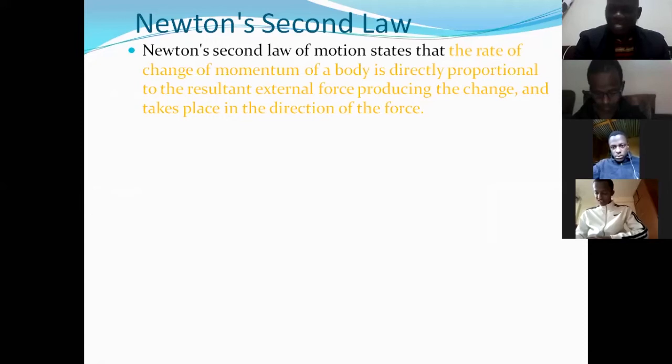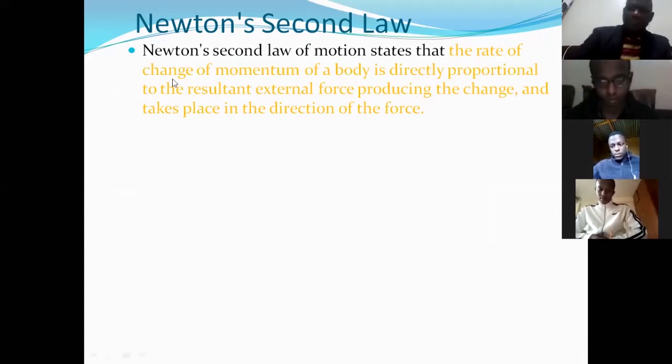And for these changes to happen, there must be an external resultant force. Because if the body is in uniform motion, it will continue being in uniform motion unless an external force acts. So that's why now Newton's second law of motion brings in an external resultant force.